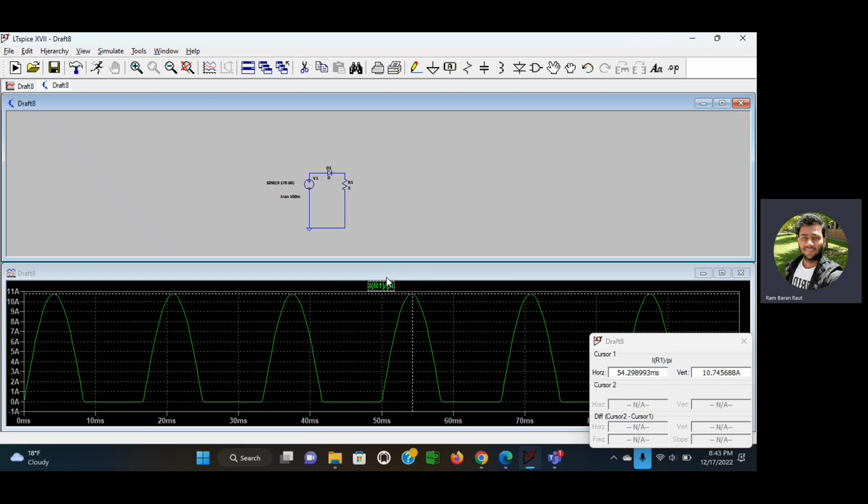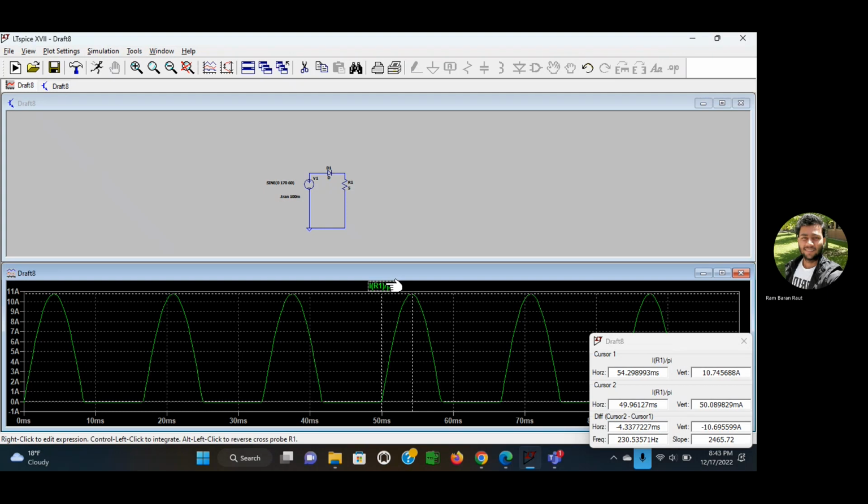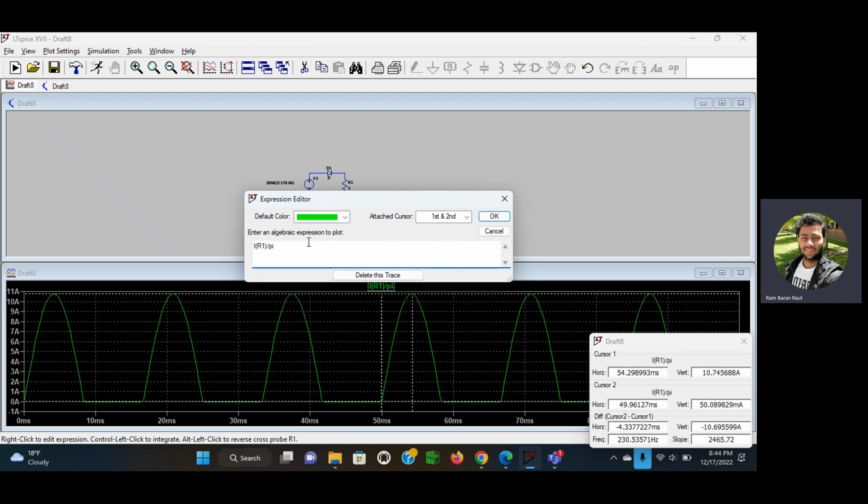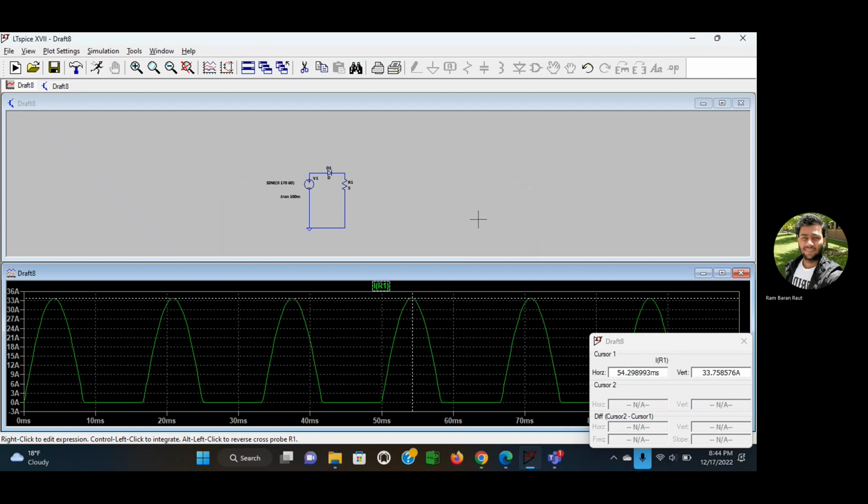Let me show you. For this one, suppose I'm just deleting the division by pi, and we are just using cursor 1. Right now, with cursor 1, the current is almost 33.758.